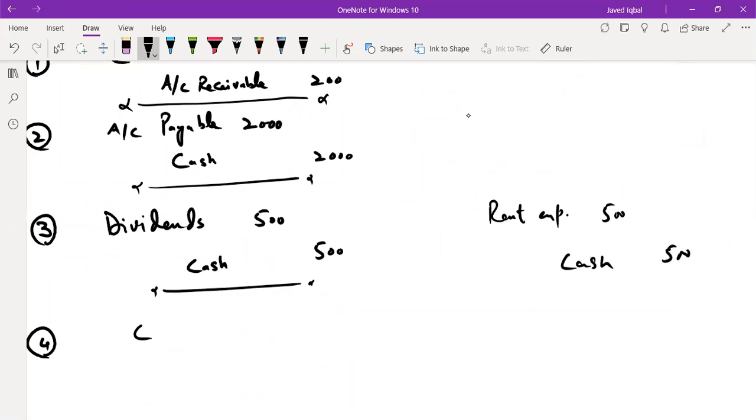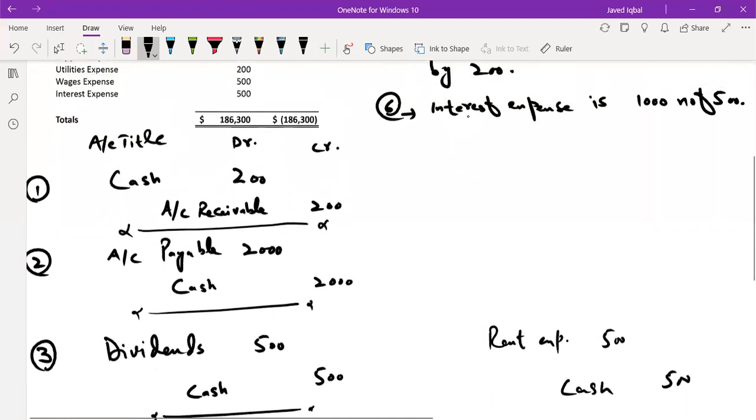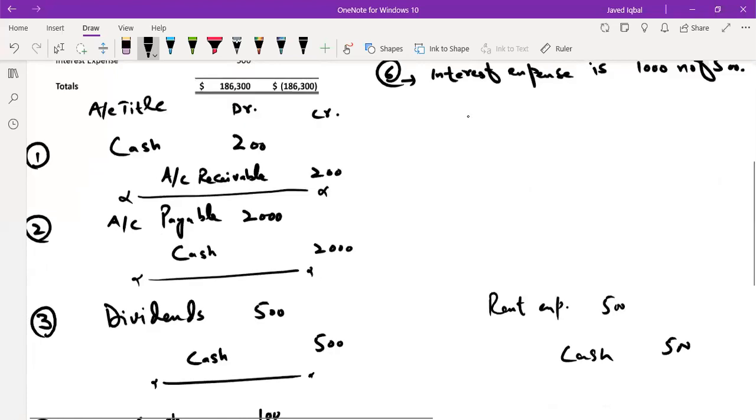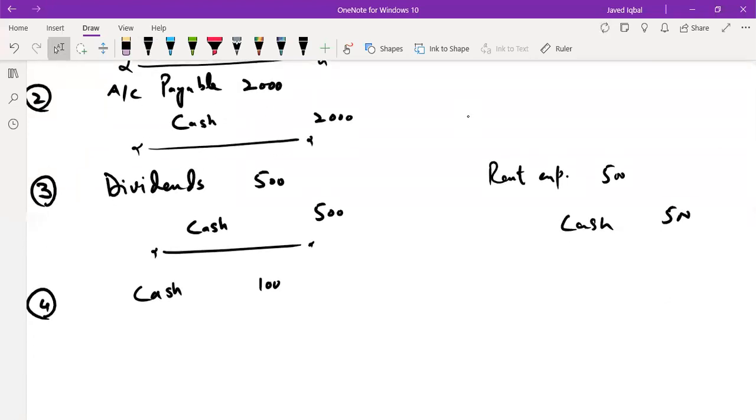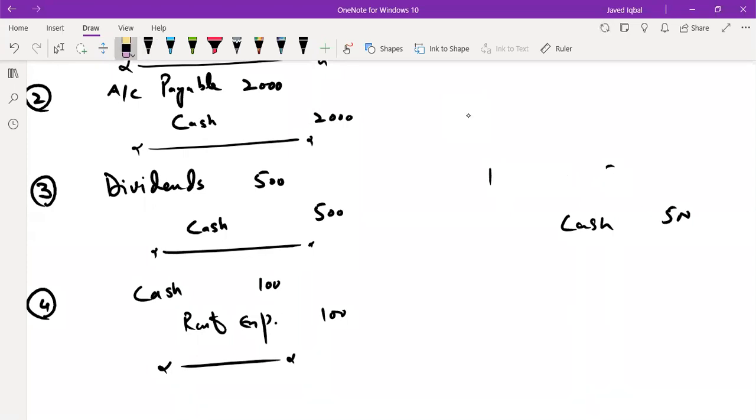So we are now reversing this entry by how much amount? Obviously by 100 only, because it states that it is 400, not 500. So we have to increase cash by 100, and our rent expense needs to decrease by 100. So it becomes 400, right? So this is your transaction number 4.